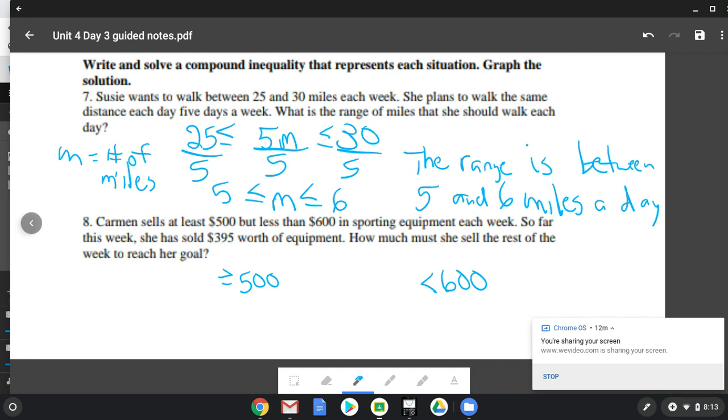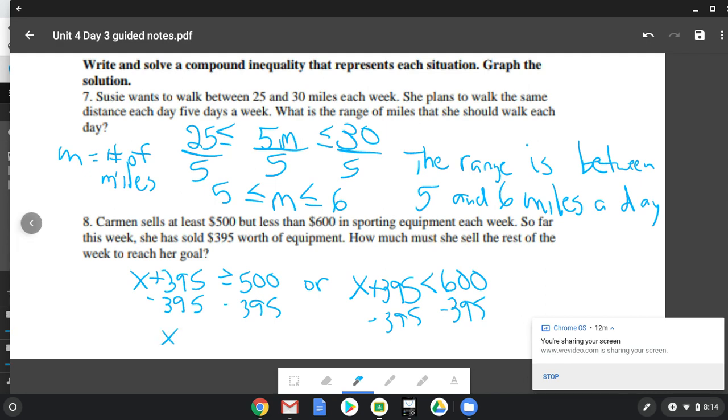So far, she has sold 395. So we have x plus 395 for this one. We have x plus 395 for this one. So this one's going to be an and type problem, I believe. So if we subtract 395 from both, let's see what we get here.